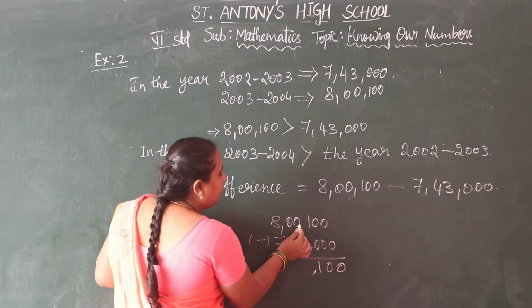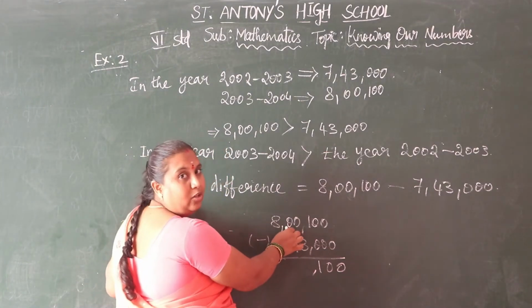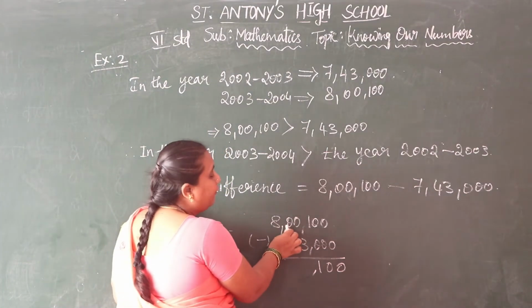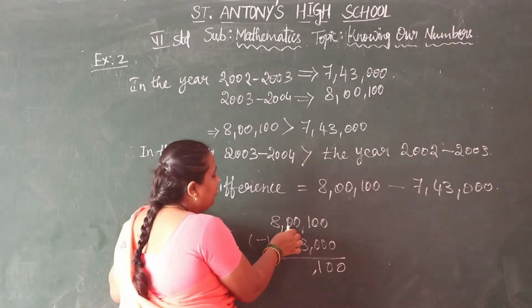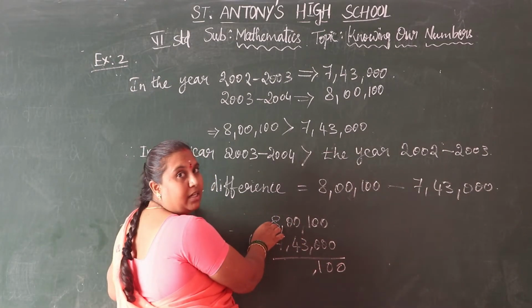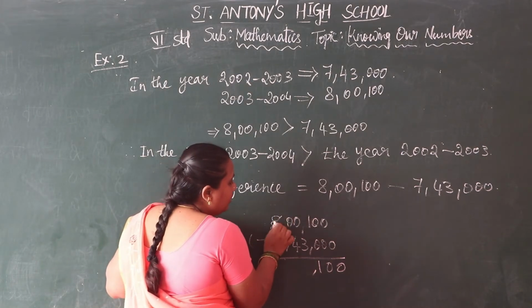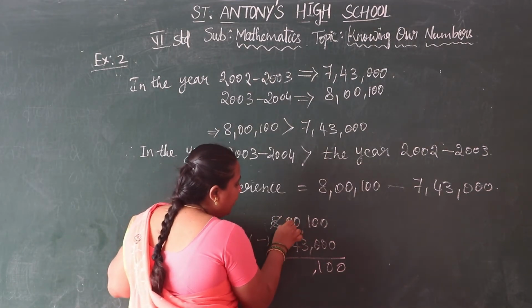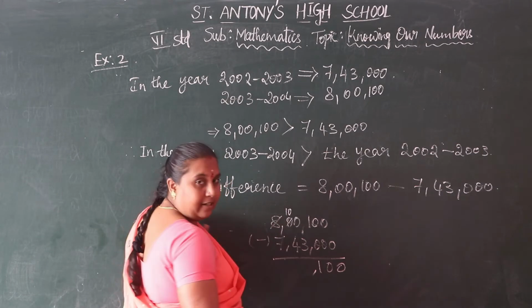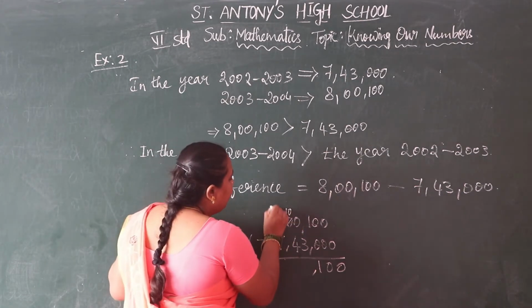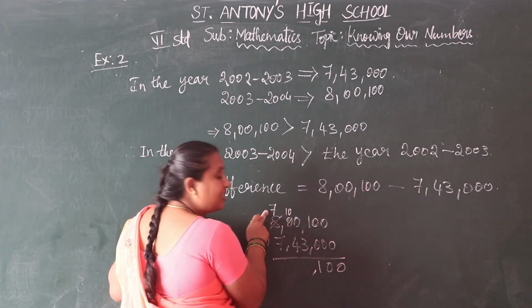The next number is also 0, so we can't borrow from 0. So we should see the next number. From 8 we are giving 1 to this number, so here it has 10. Here it is 8 minus 1, 7.